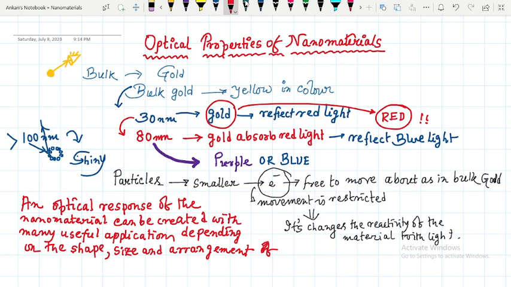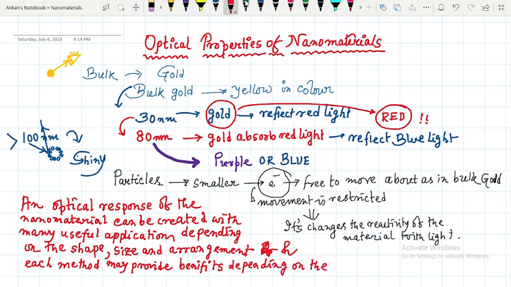And each method may provide interesting applications or benefits depending on the target application, what we want.